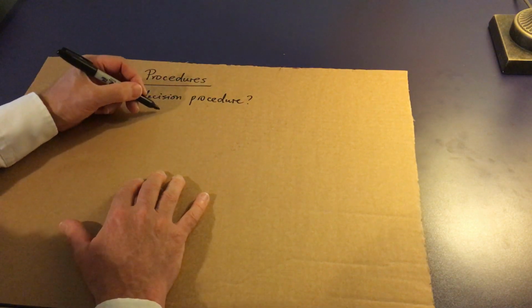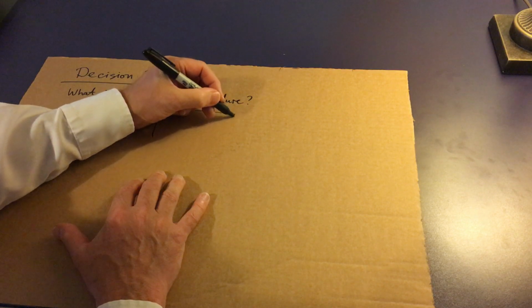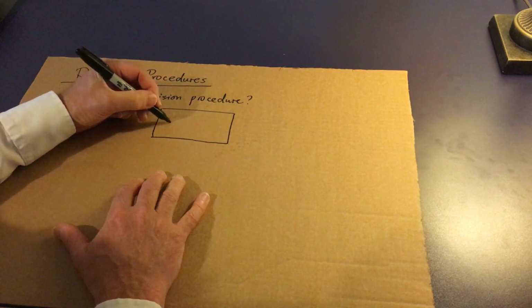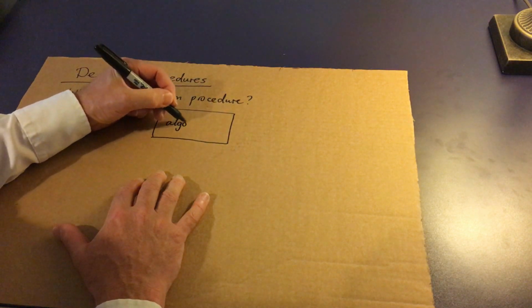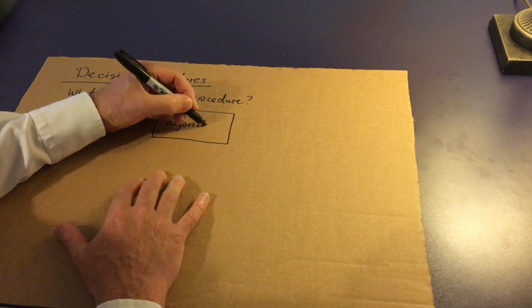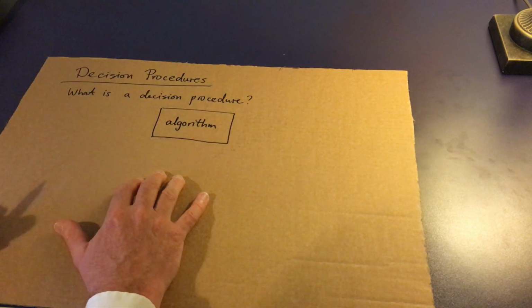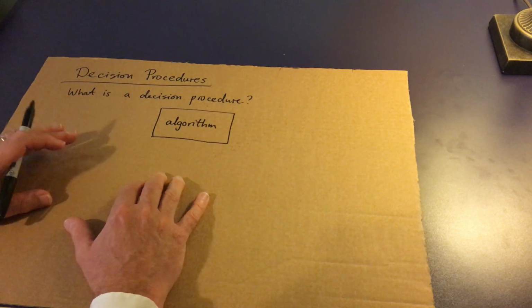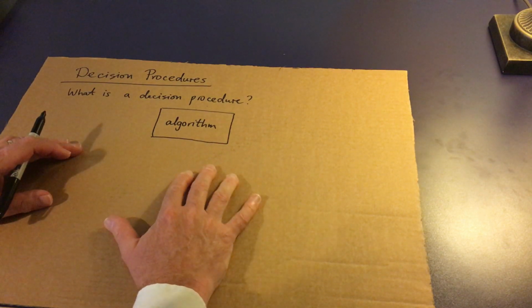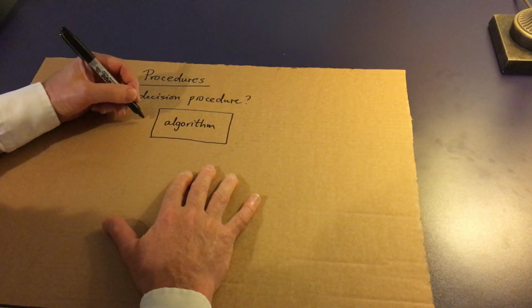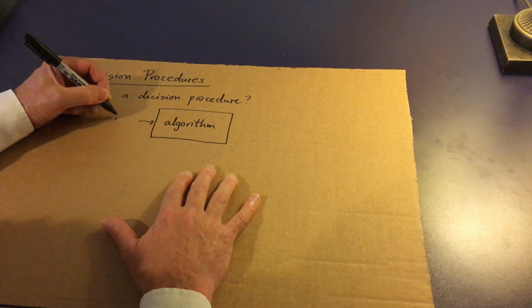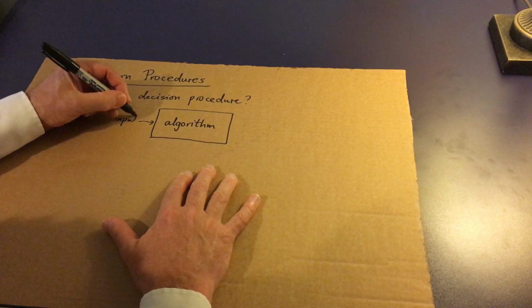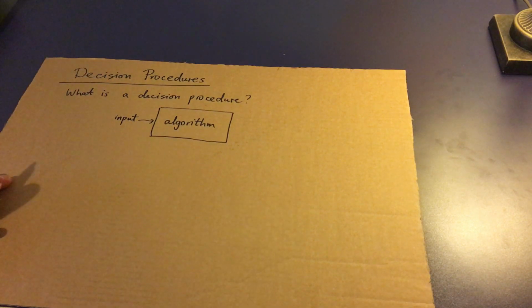Well, it's an algorithm, a special sort of algorithm. So let's put an algorithm here. So you know what an algorithm is now. It's a sequence of steps that computes a result for you, given an input. So the input, typically this will be a member of a set, like a member of the set of all integers, a member of the set of all strings, something like that.